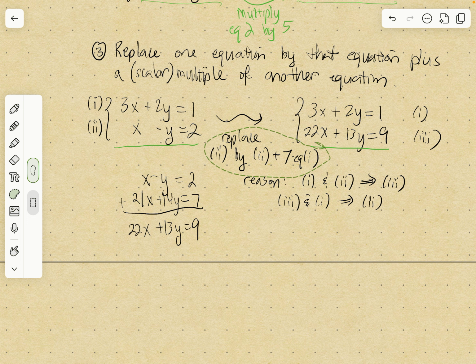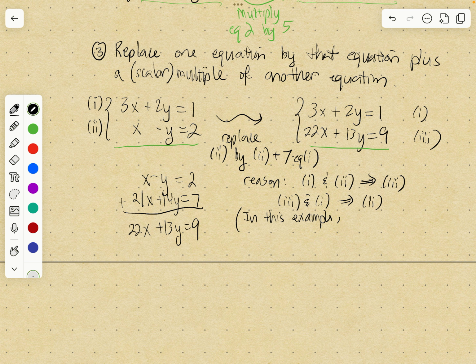I can use 1 and 3 to get 2. And I'll let you think about what I can do. So in this example, if I take equation 3 and subtract 7 of equation 1, I get equation 2.